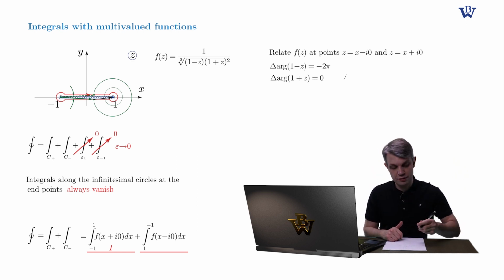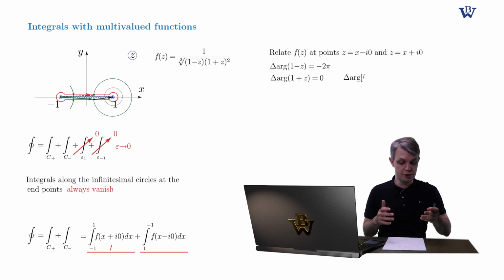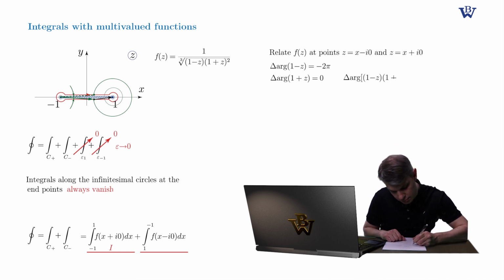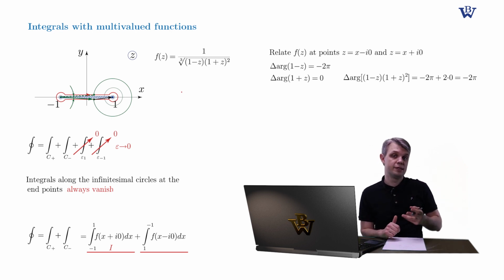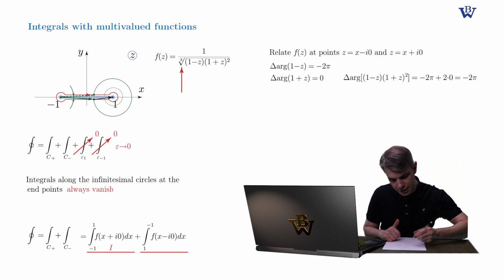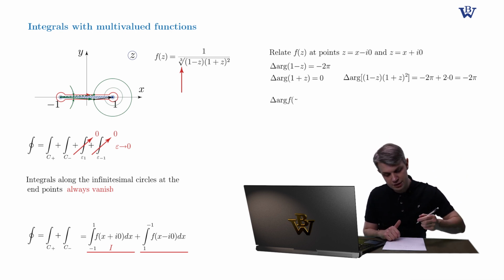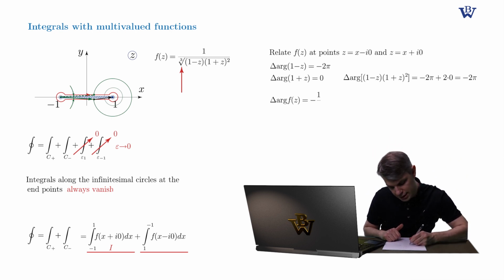So the total change of the expression under the cubic root is minus 2 pi plus 0, which is simply minus 2 pi. And then recalling minus 1/3 power coming from the denominator of our multivalued function, we conclude that the change of the argument of our multivalued function is minus 1/3 times minus 2 pi, which gives 2 pi by 3.